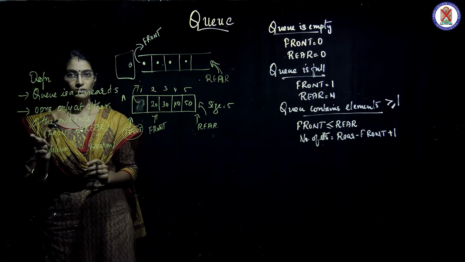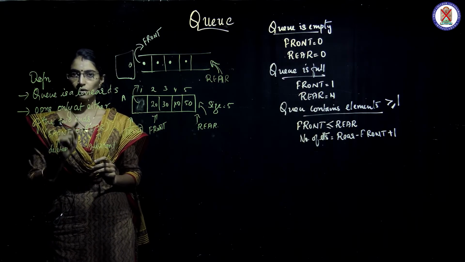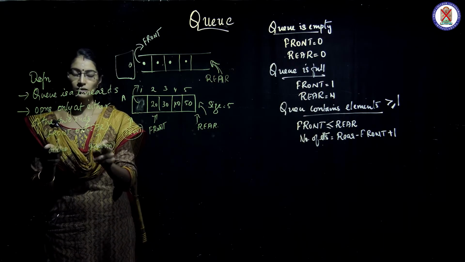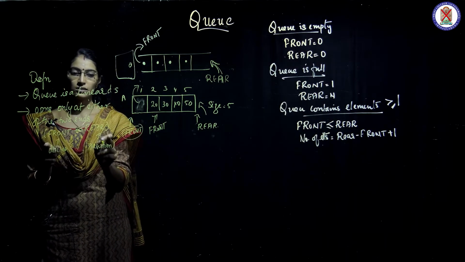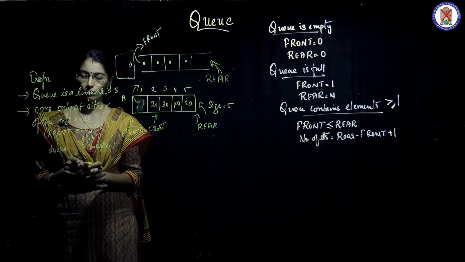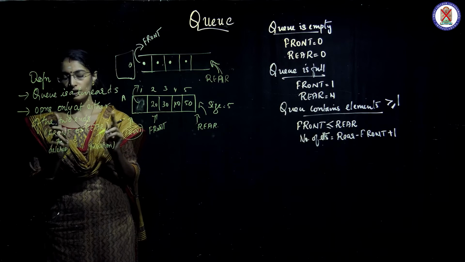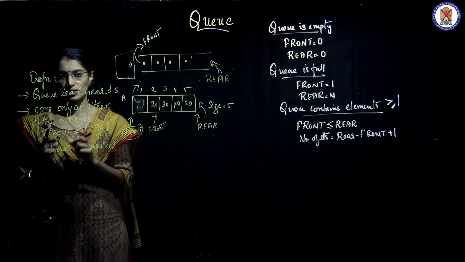But in stack, what is the concept? Both insertion and deletion happen at one end called the top. Here you have two ends, front and rear. Insertion happens through the rear, deletion happens through the front. So that is the difference between queue and stack. In queue you have two ends, one for insertion and the other end for deletion.